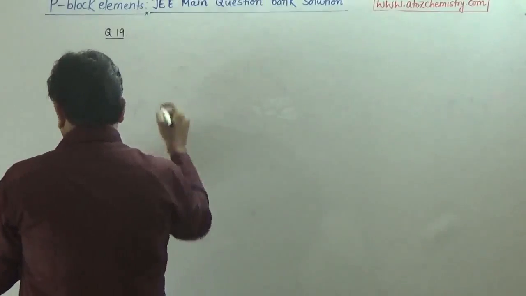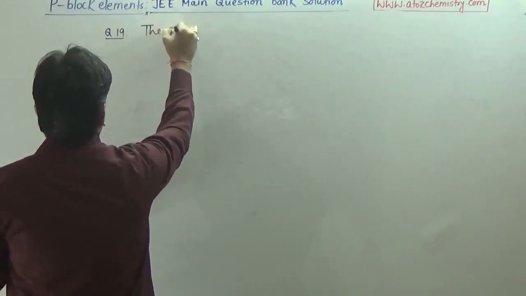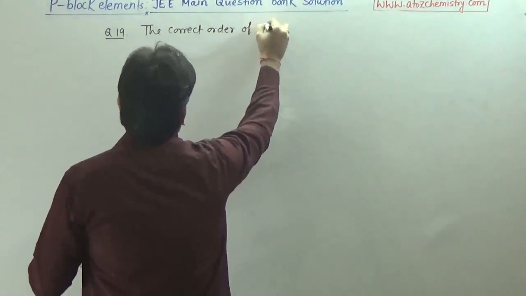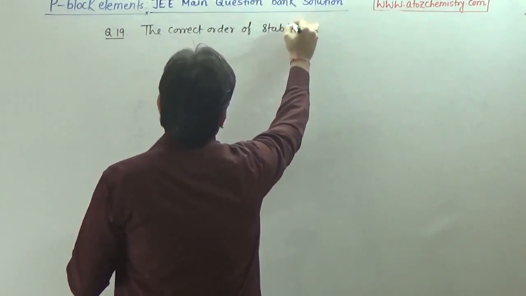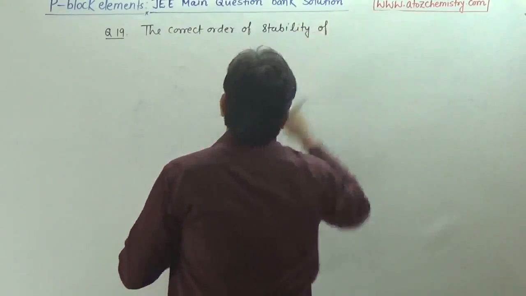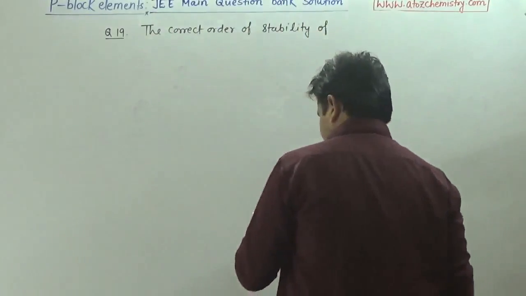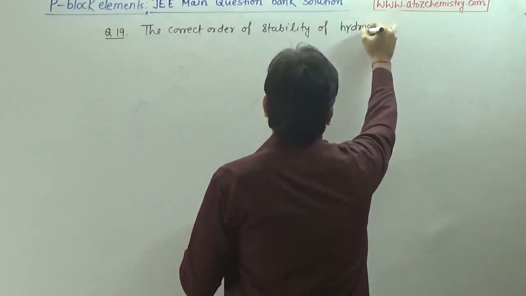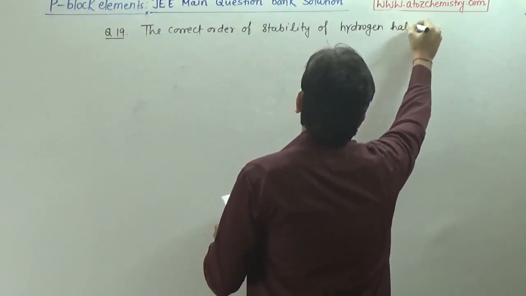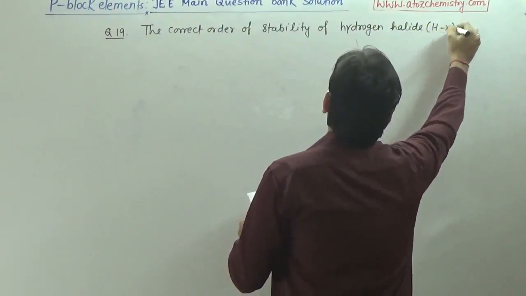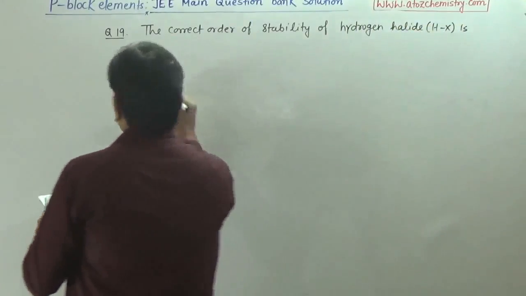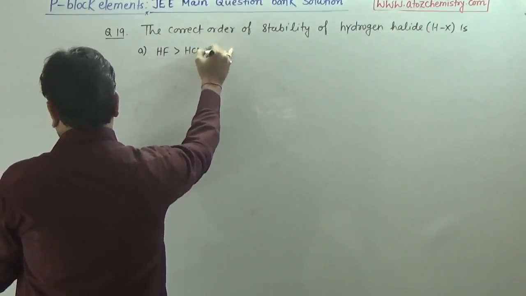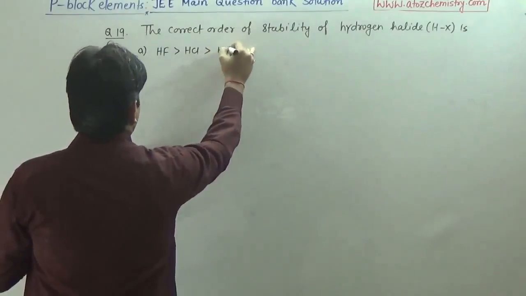And this question is: the correct order of stability of hydrogen halide HX is? A option: HF greater than HCl greater than HBr greater than HI.